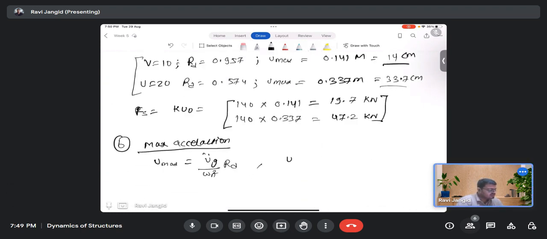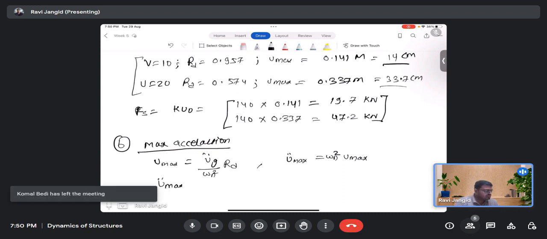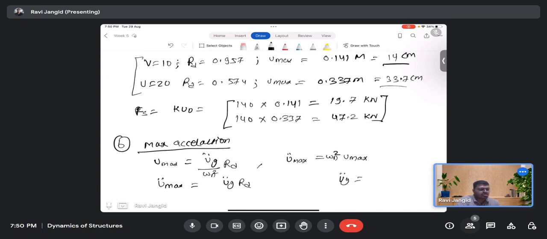And U double dot max is omega n square times Umax. So if I get Umax double dot, it would become Ug double dot into Rd.